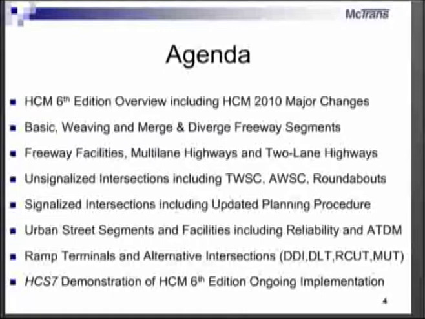And then at the end, maybe one of the biggest things coming to the 6th edition besides travel time reliability is alternative intersections, looking at modeling diverging diamond interchanges, displaced left turns, restricted crossing U-turn, and median U-turn intersections. Something that's getting traction these days, especially DDIs. So that's the plan for the next little while.